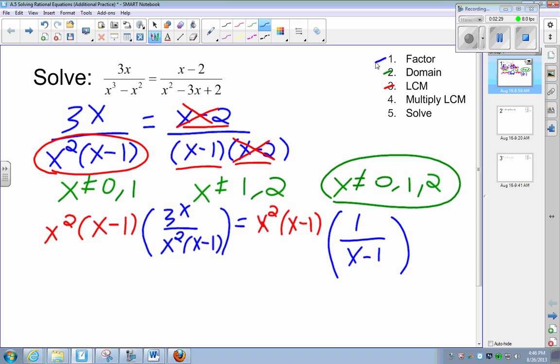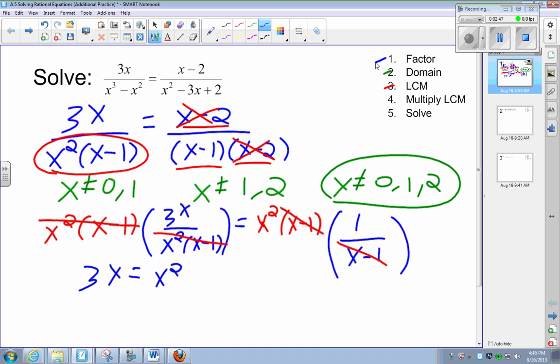Okay, we need to go ahead and cancel some things out. This x minus 1 and this x minus 1, and all of these guys. And so we're left with 3x is equal to x squared.